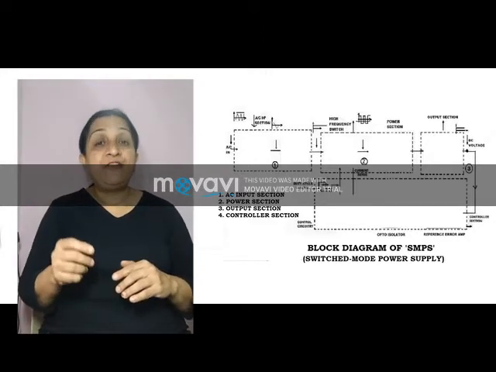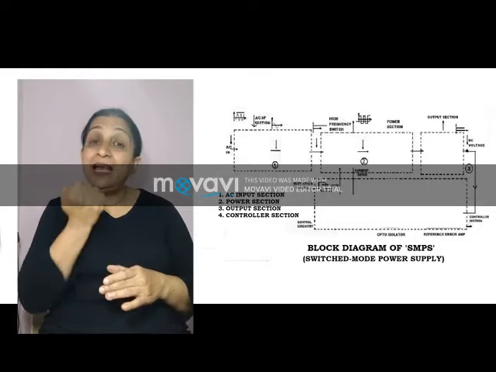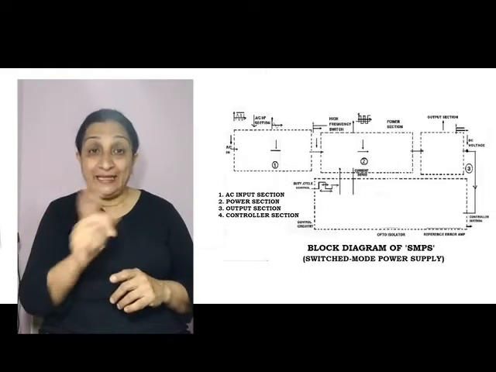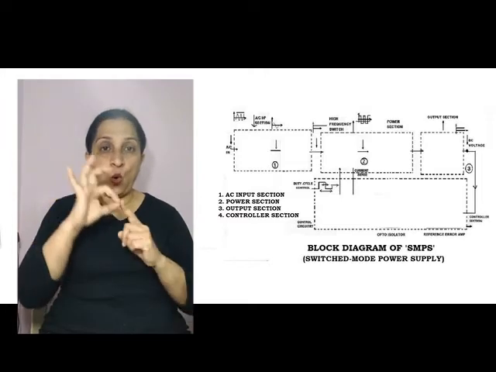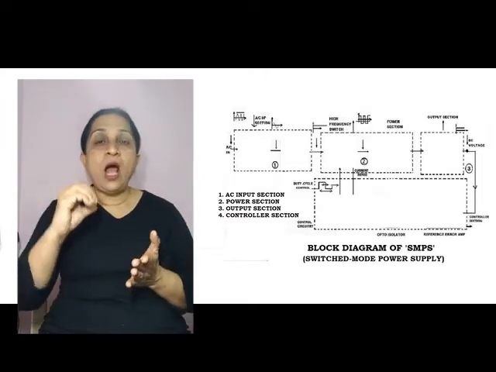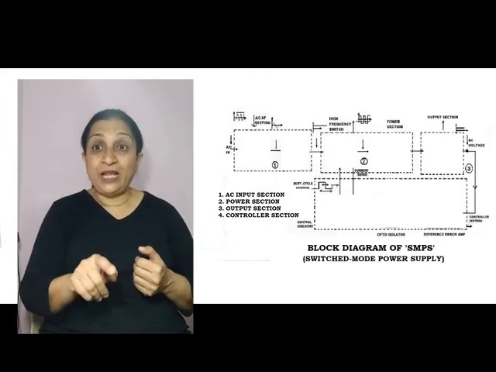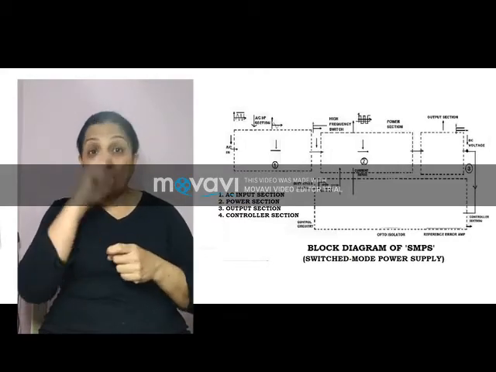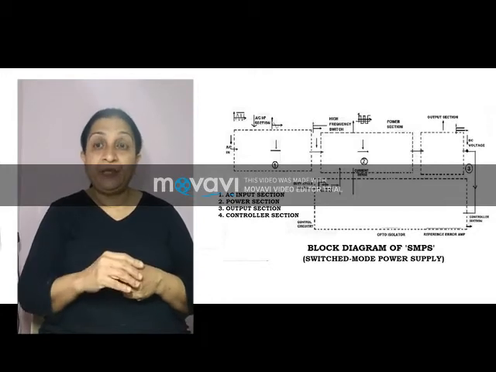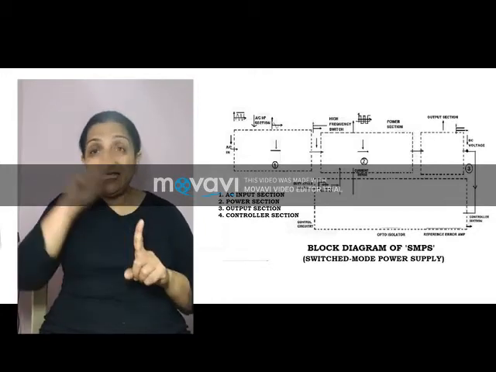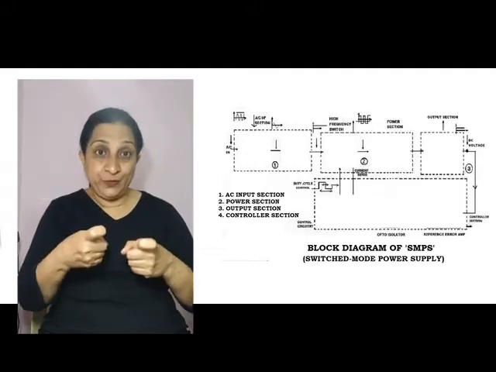That is reference or the source error amplification. And this side you have to write opto isolator. Then down you have to write control circuit. On this side you have to write duty cycle control.